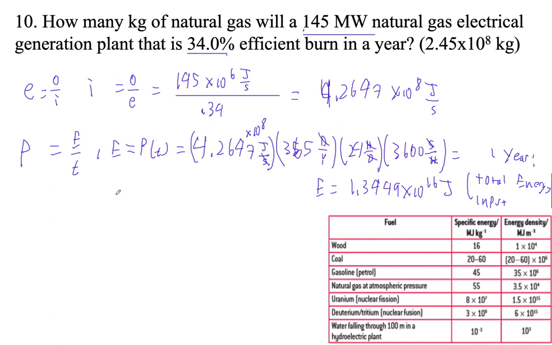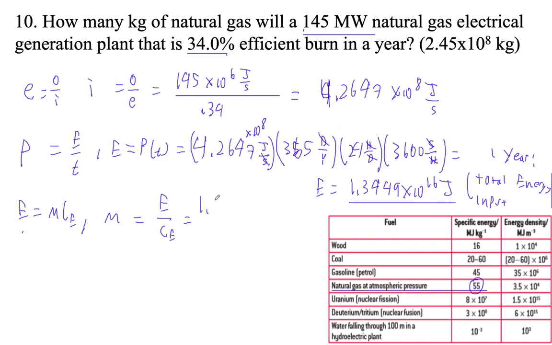Okay, so now that we figured out the total energy input in a year, now we can figure out the mass. So energy is mass times specific energy, right? And this is natural gas, isn't it? Yeah. So we know that our mass is going to be the energy we want, which is this, divided by the specific energy, right?